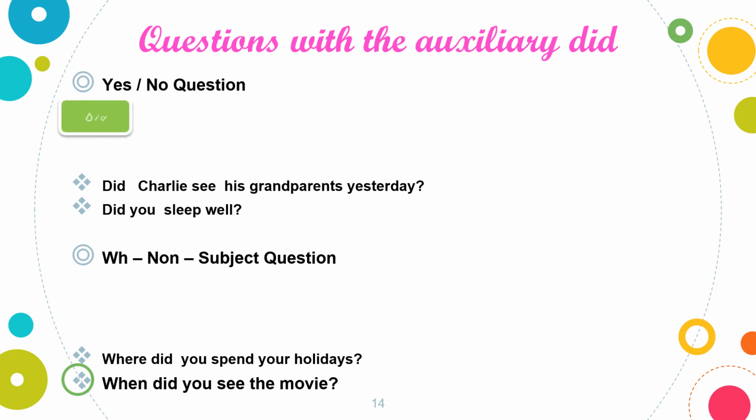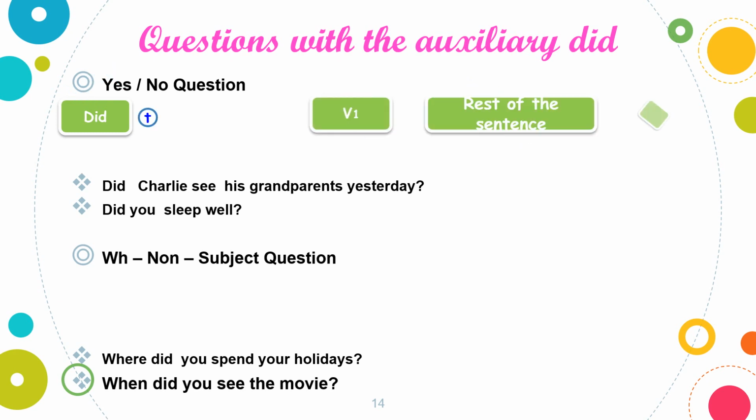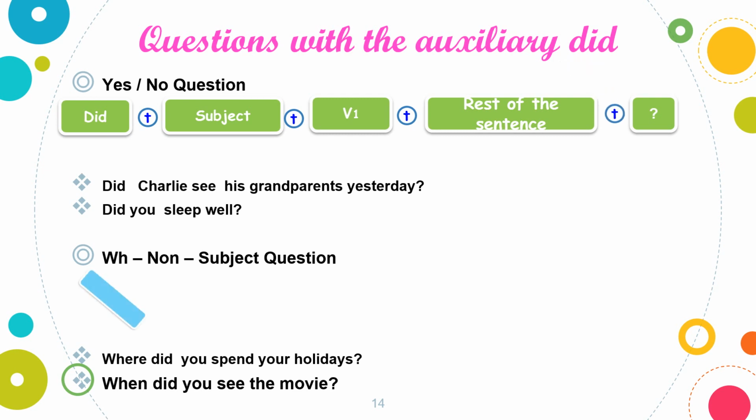And also we have the questions with the auxiliary did. We need the auxiliary did plus subject plus the verb plus the rest of the sentence and the question mark. And we have here an example, and it says, did Charlie see his grandparents yesterday?